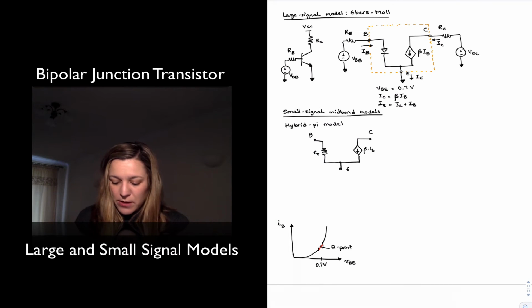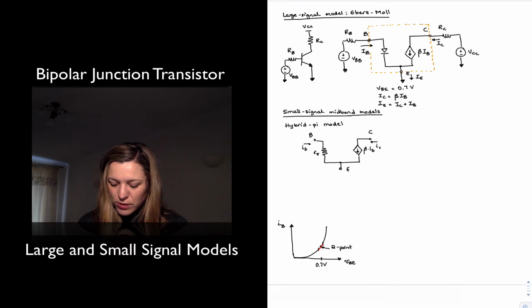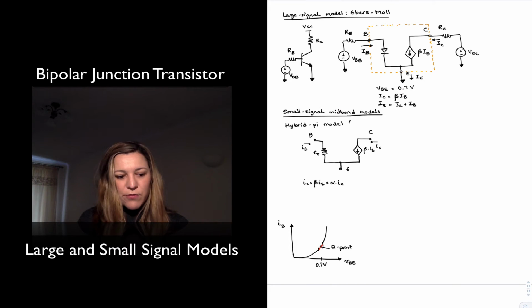Beta times IB is the current now going into that base terminal, IC being the current going into the collector terminal. We can also represent that beta IB as alpha times IE, so my collector current is equal to beta IB or alpha IE, where alpha, if we remember, is equal to beta over beta plus 1, so they're related.